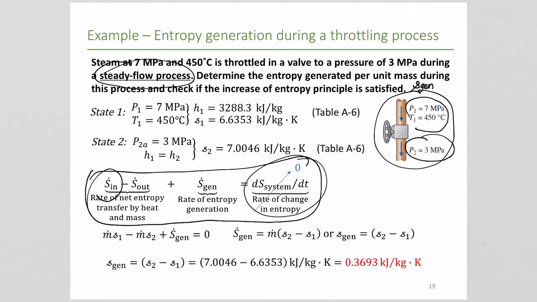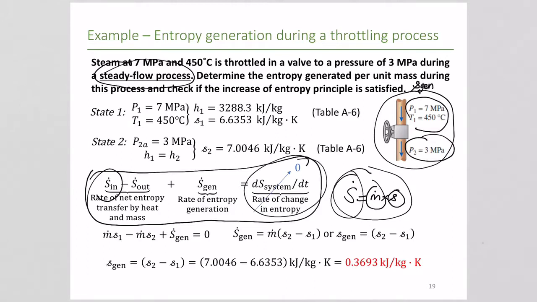So the mass is getting in, and instead of capital S dot, you can write lowercase m dot times the lowercase s. Remember that's how we do it, right? This is entropy per mass times the mass flow rate, which should be the total entropy flow rate.